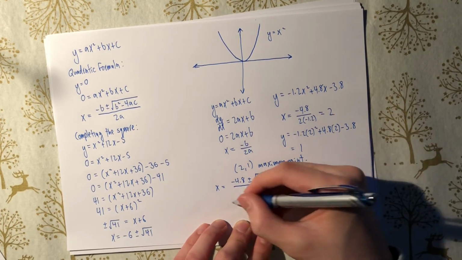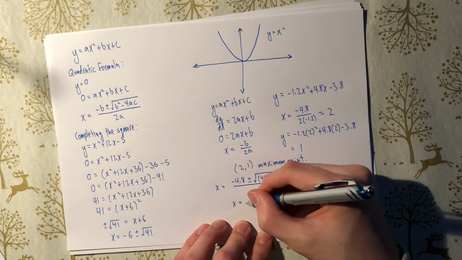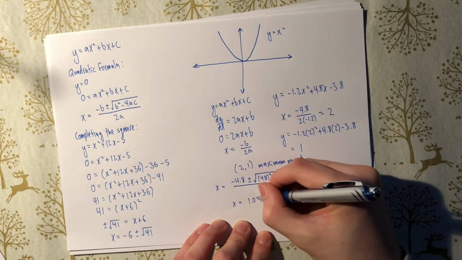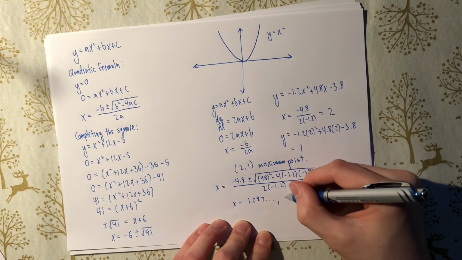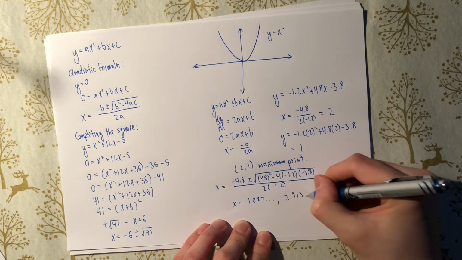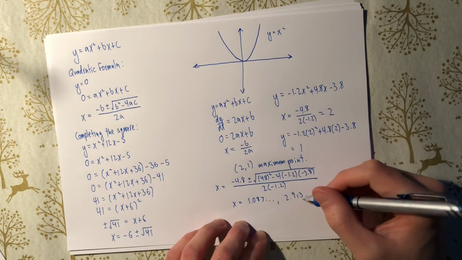Now if we put this into a calculator, this shows that x is equal to 1.087... and also 2.913... So these are our two roots.